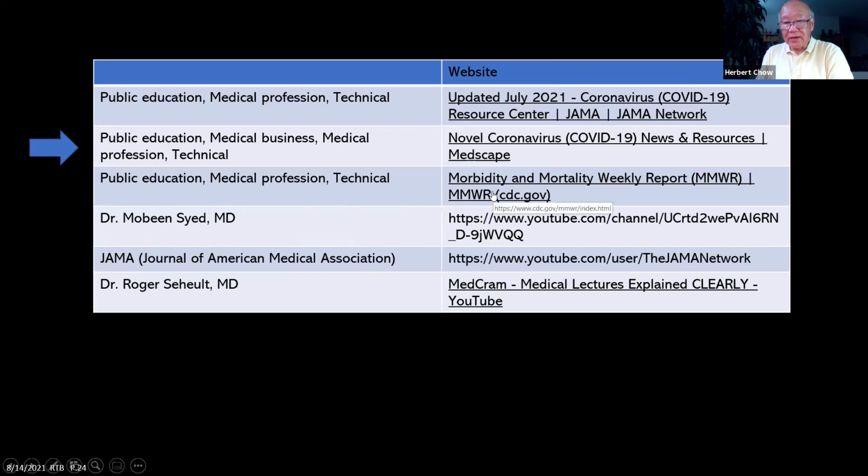The CDC puts out weekly reports, so you can track week by week how things are going in the COVID world. Now the following are the YouTube channels. I still like the JAMA channels. They give you a lot of trusted information. This channel, Matt Graham, is very good. Mobeen Saeed, I like it.